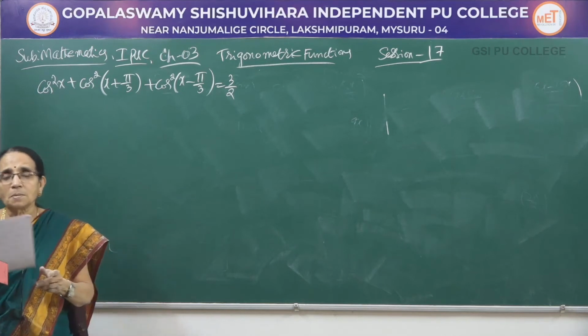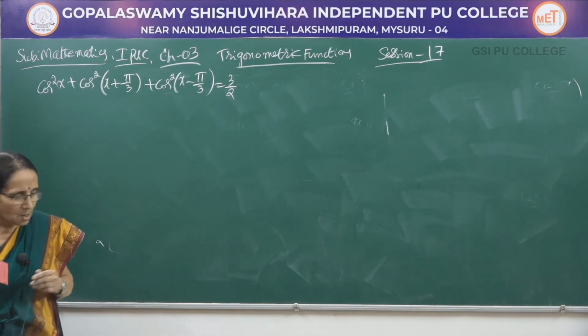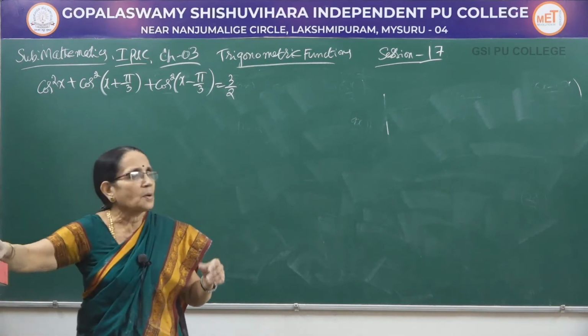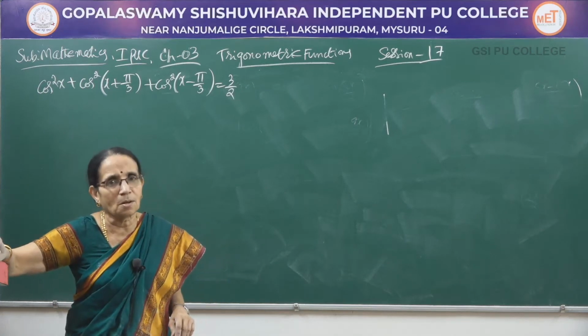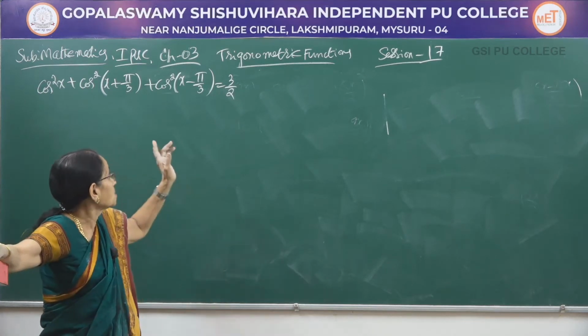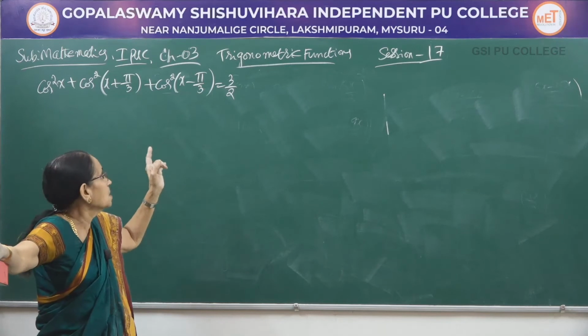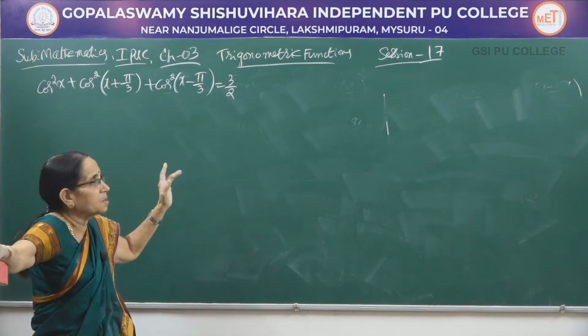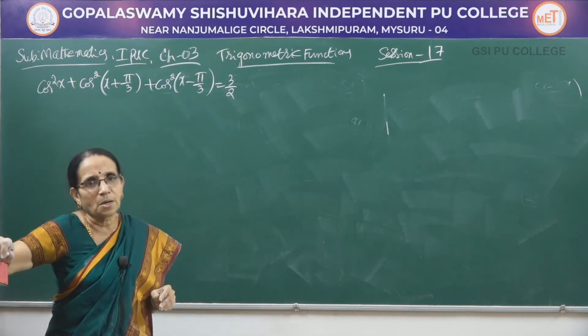See, it is a number. We don't have any trigonometric function at all, isn't it? Cos square x plus cos square (x plus pi by 3) plus cos square (x minus pi by 3) would be equal to 3 by 2.